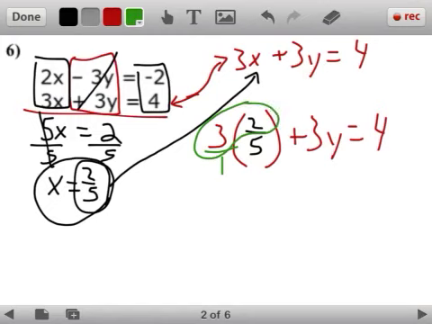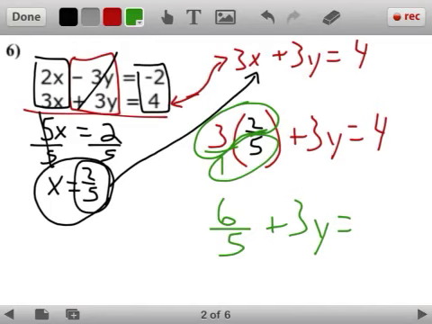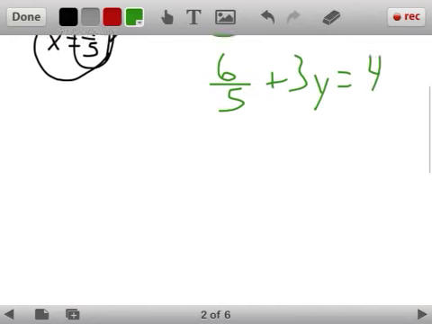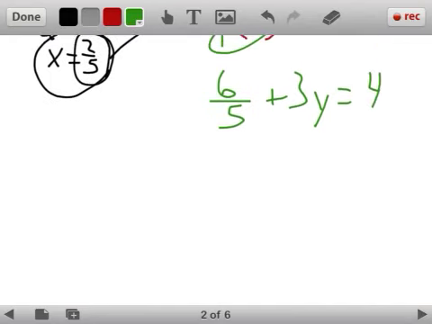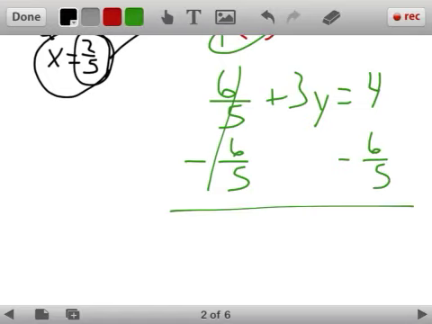So I've got 3 times 2 is going to be 6 over 1 times 5 is 5, plus 3y equals 4. And I'm going to have to subtract 6/5 to get y by itself.